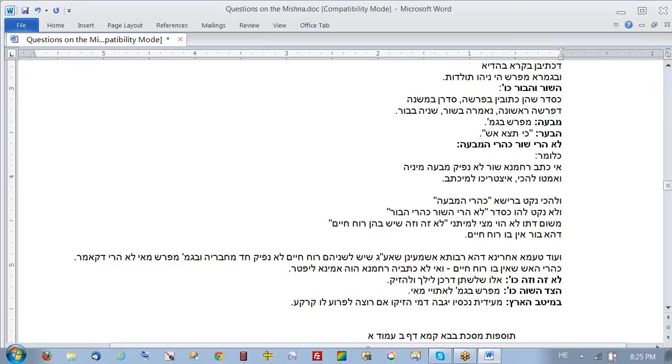Well, I guess here's what I'm saying. He could have come back later on and said, Lo hari ashor kahari ha mava, later on. It just wouldn't have been as compact, but still it wouldn't have been repeating itself because there is no repetition.